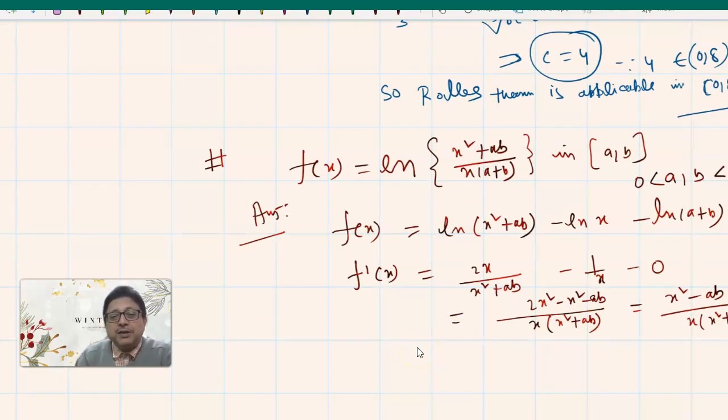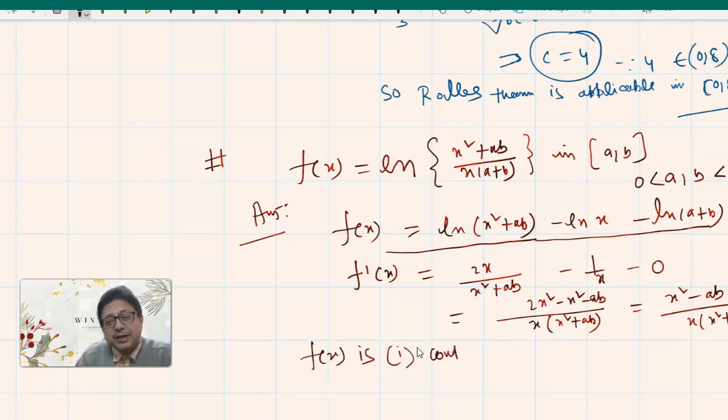Now in the construction of this function, you can see that there is no point where the function is discontinuous, because we took a and b positive. So ln x is defined, ln(x square plus ab) is also defined. So let us proceed accordingly. Number 1, f(x) is continuous in [a, b]. Number 2, differentiable in (a, b).